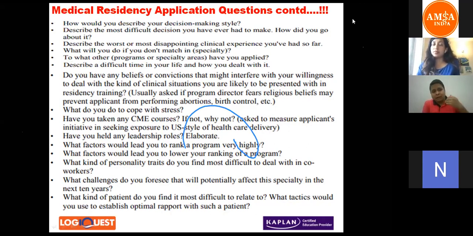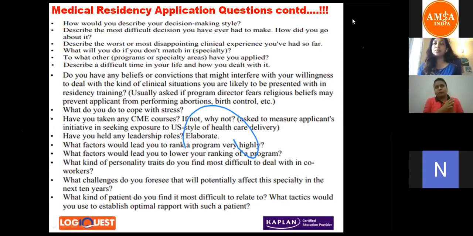You rank University A the first choice, University B the second choice, University C the third choice, and so forth. And these programs will also rank you as their choice of candidate number one, candidate number two, and so on. Then the program directors will submit this data to a third-party body called the NRMP.